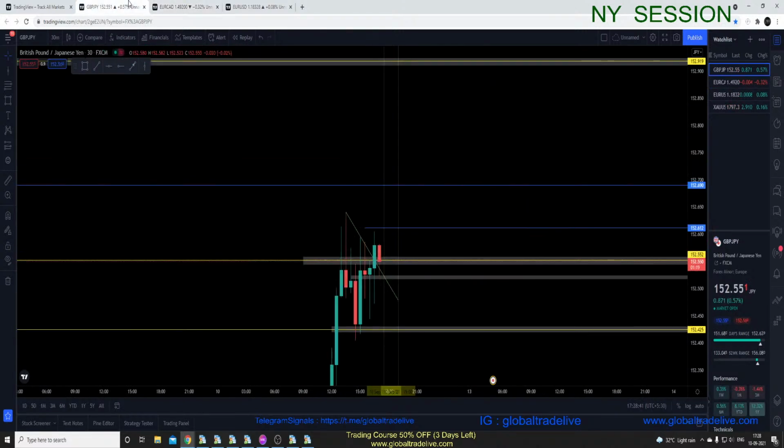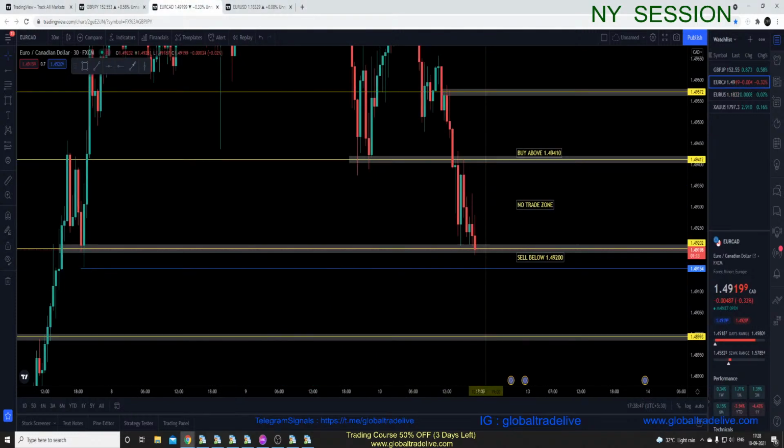Perfect. 1 minute left for the current candle to close. So 30 seconds remaining now.